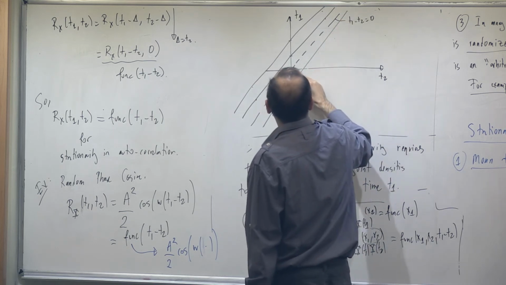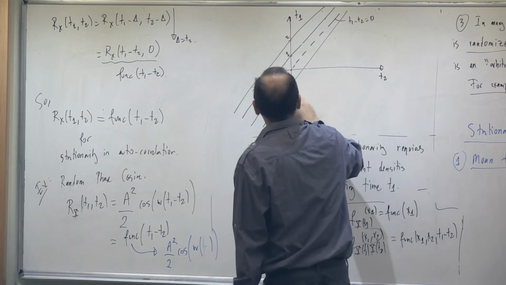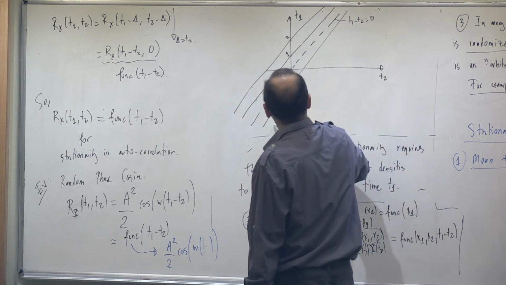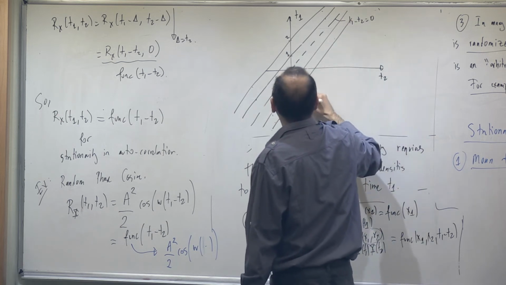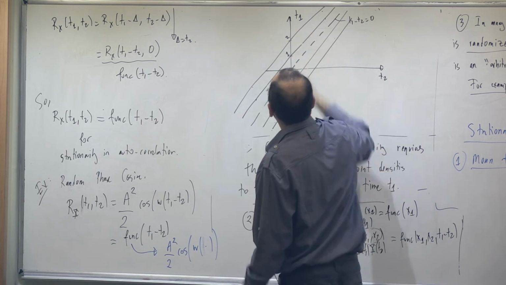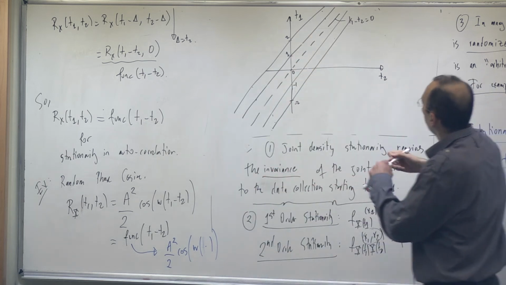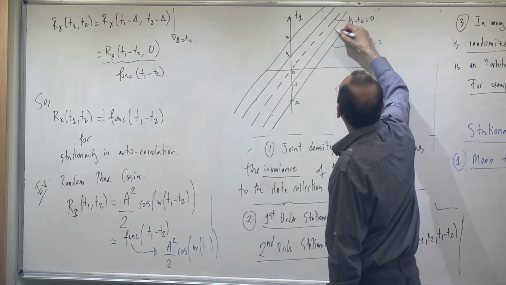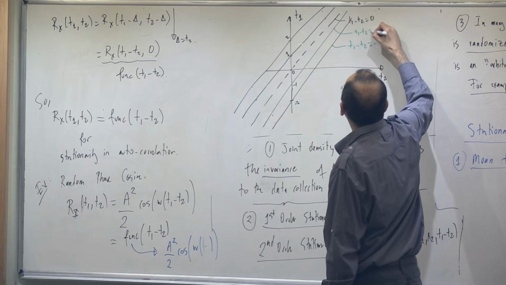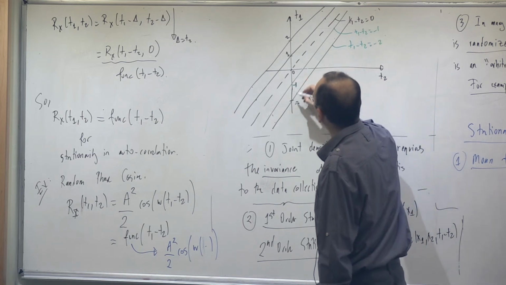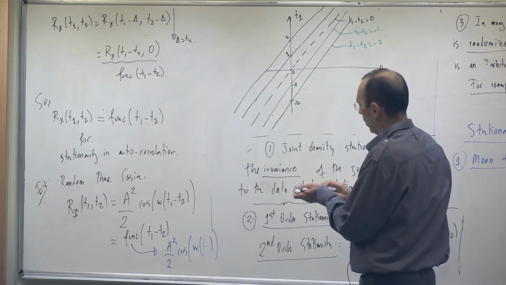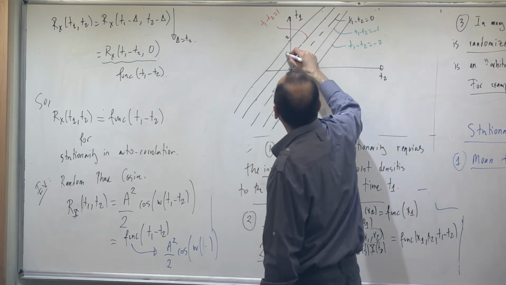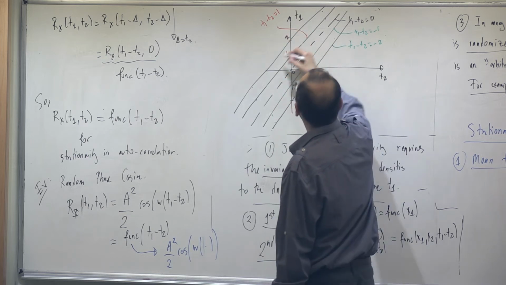This one is T1 minus T2 equals minus 1, and this one is minus 2. Obviously, this one is T1 minus T2 equals 1, and this is 2.